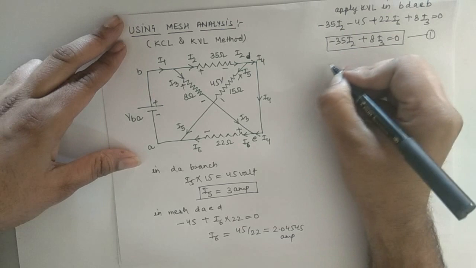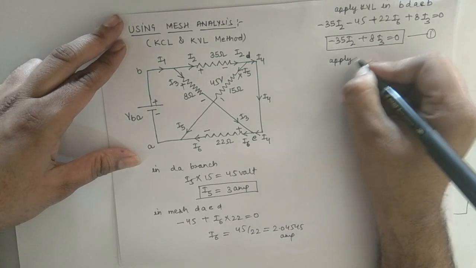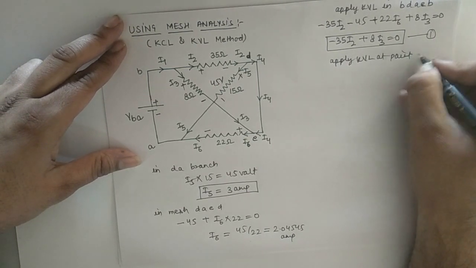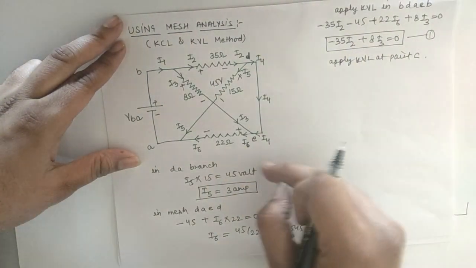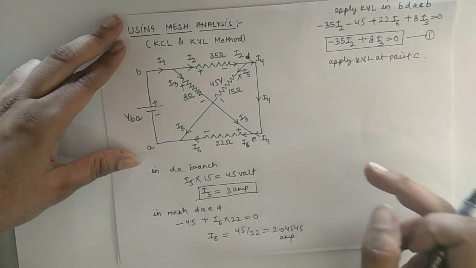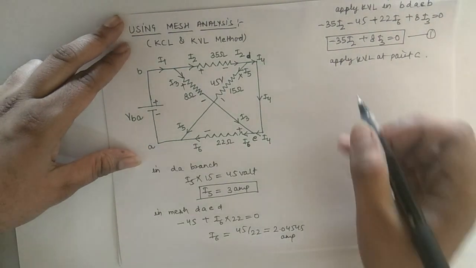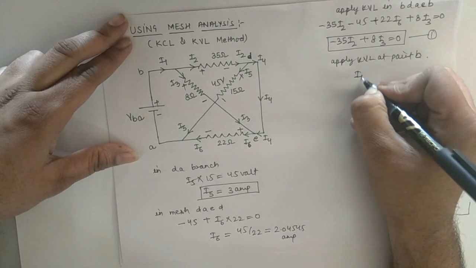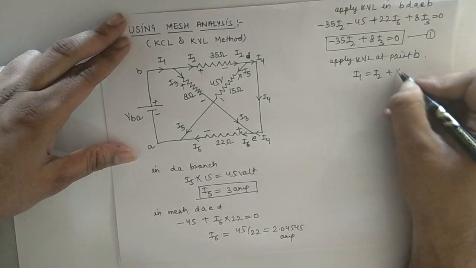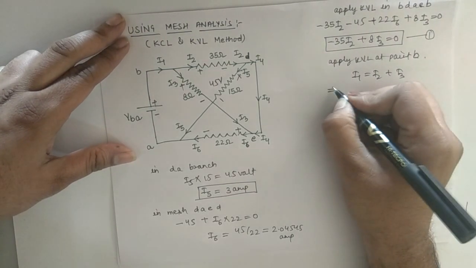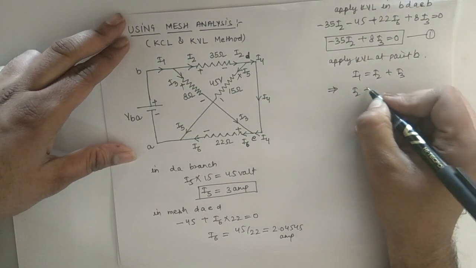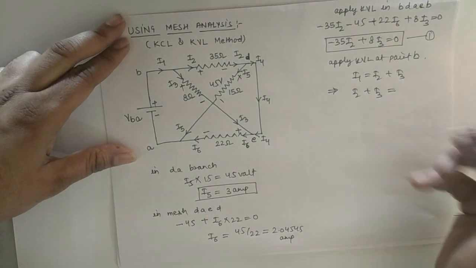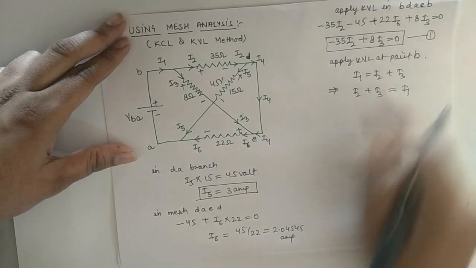Now apply KCL at point B. So it would be I1 is equal to I2 plus I3. So I2 plus I3 is equal to I1.